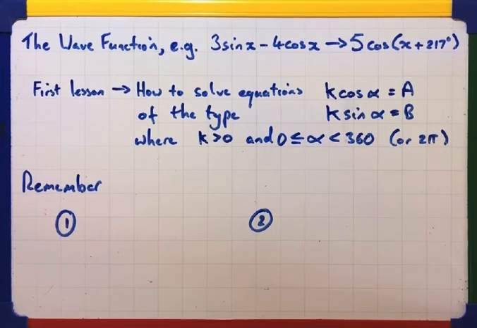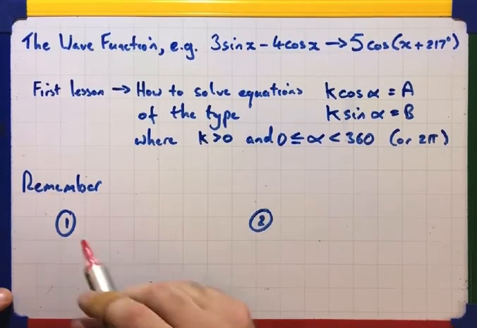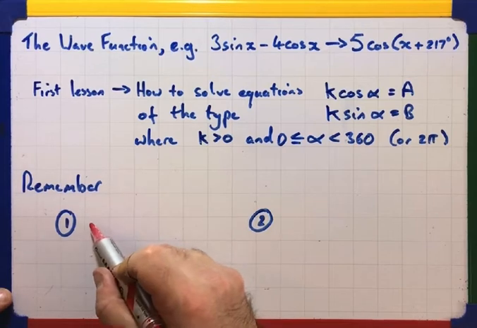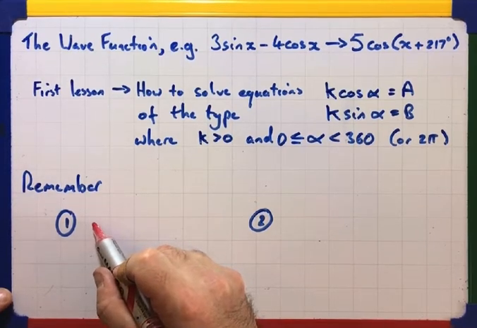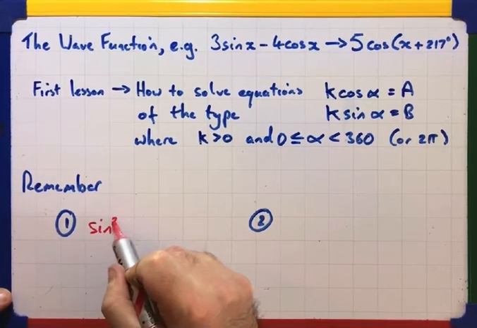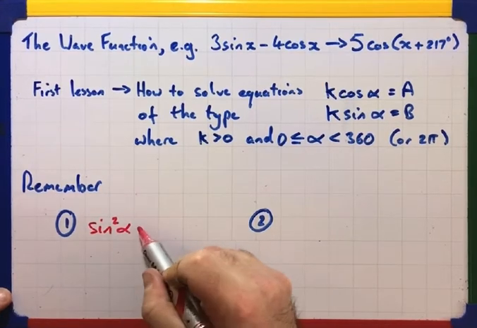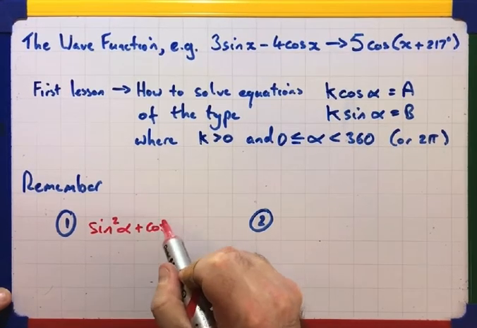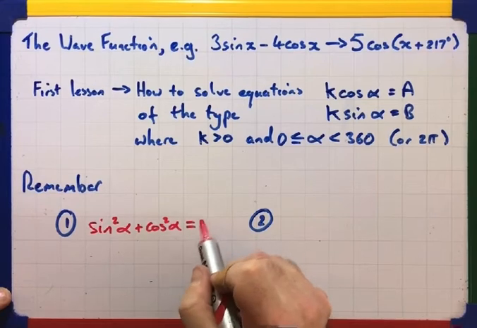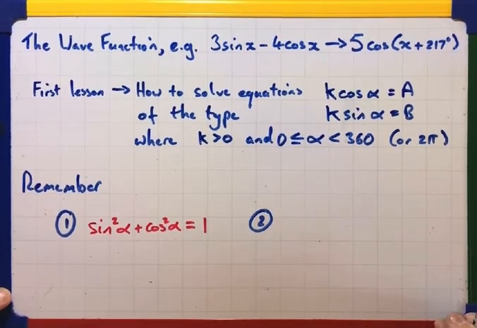Now, before we do these, you need to remember a couple of identities before today's lesson. First of all, sine squared of anything, call it alpha in this case, plus cos squared of alpha gives you 1. That's one of our identities.